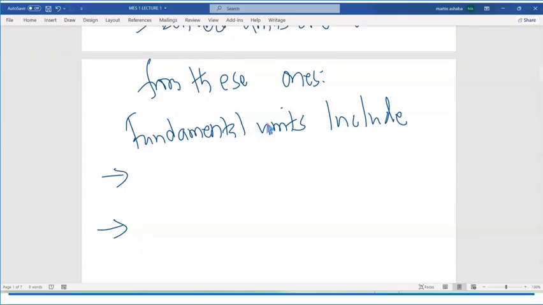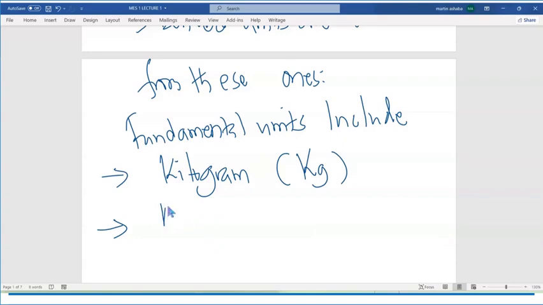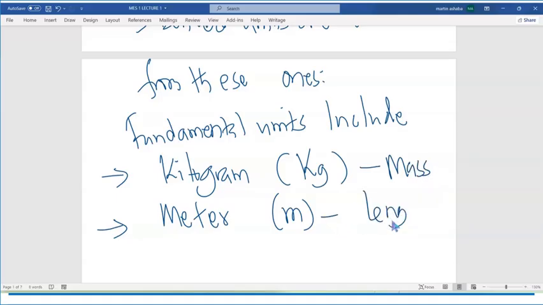So we are saying we have a kilogram abbreviated as kg, okay? And then we have a meter abbreviated as m, and this is for the fundamental quantity called the mass. This is for length, as you have said.